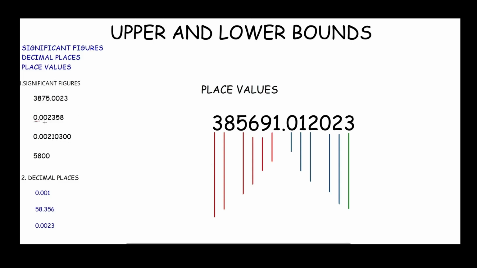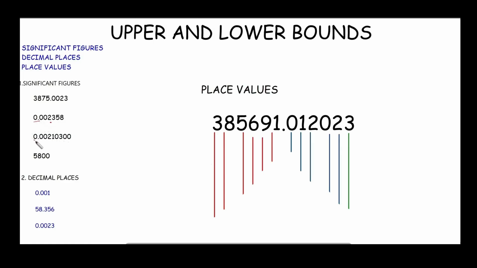We call them leading zeros because the number starts off with zeros. Leading zeros are not considered significant figures. Therefore, the first significant figure of this number is 2, the second is 3, and the third is 5. The leading zeros are not significant figures.